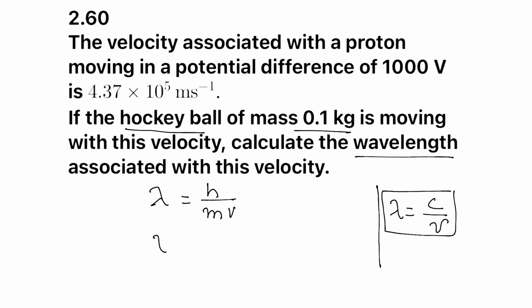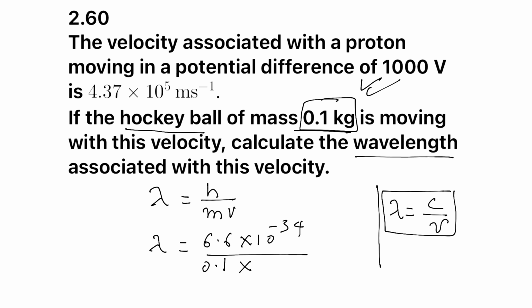Then direct. Apply the value 6.6 into 10 raised to minus 34 by, what is the mass here? 0.1 kg. Remember, if it is in gram, convert to kilogram. Here it is in kilogram, so no problem. Into, what is the velocity? Velocity is given, 4.37 into 10 raised to 5. Don't use this 1000 volt. That is only to confuse you, okay?